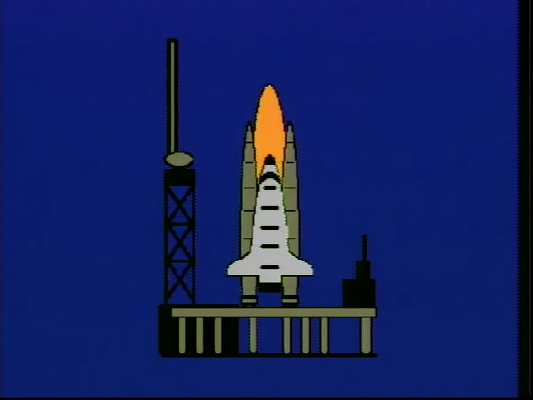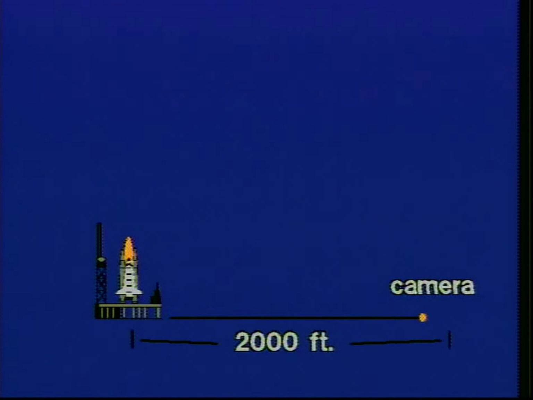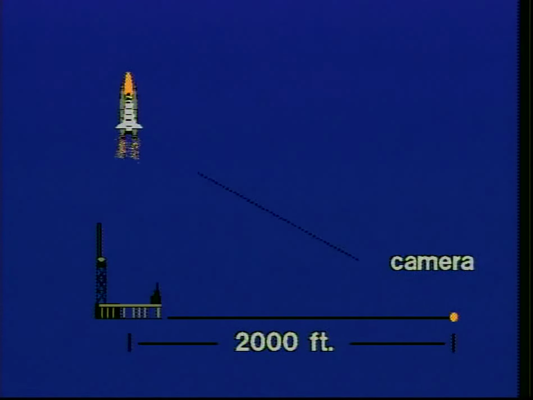We start with the space shuttle, and we have a liftoff in a situation where a camera is 2,000 feet from the liftoff position. And then the shuttle lifts off, and at some particular moment in time, we have the angle of the eye of that camera, and we'll call that camera angle theta.